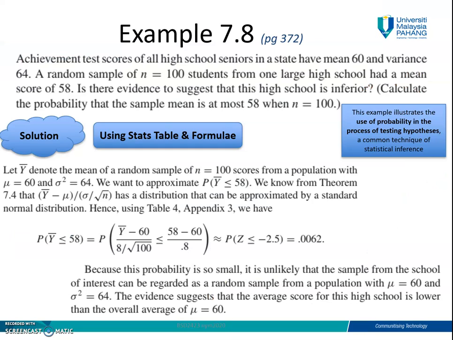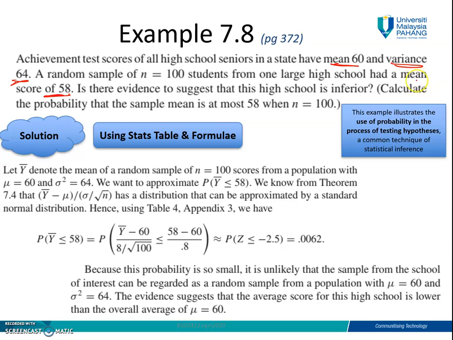So that's the central limit theorem concept. Look at example 7.8, page 372. Achievement test scores of all high school seniors in a state have mean 60 and variance 64. Here you have the mean and the variance. A random sample of n equal to 100 students from one large high school had a mean score of 58.